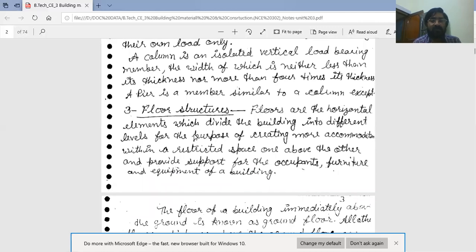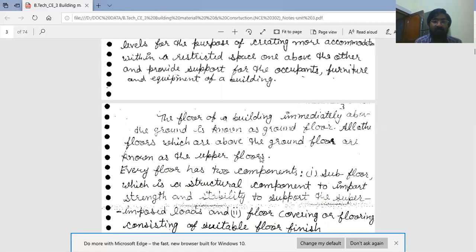Third is floor structure. Floors are the horizontal elements which divide the building into different levels for the purpose of creating more accommodation within a restricted space, one above the other, and provide support for the occupants, furniture, and equipment of a building.